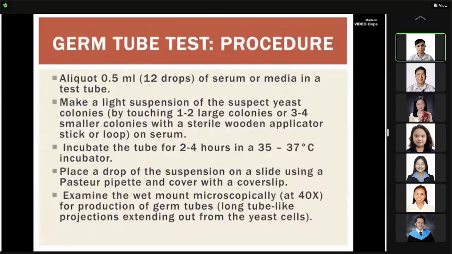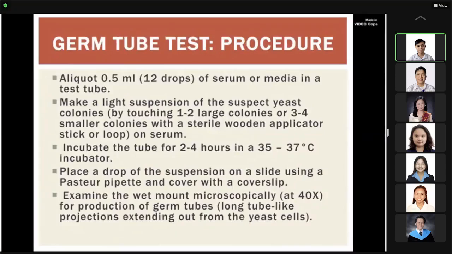So what we do here is we get an aliquot of serum, 0.5 ml. That's about 12 drops. Or the media in a test tube. We make a light suspension of the suspected yeast colonies sa serum.